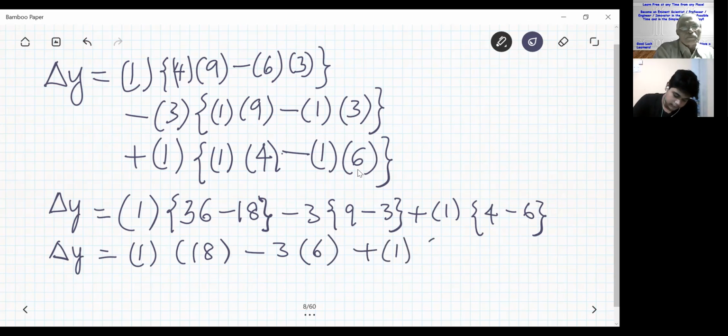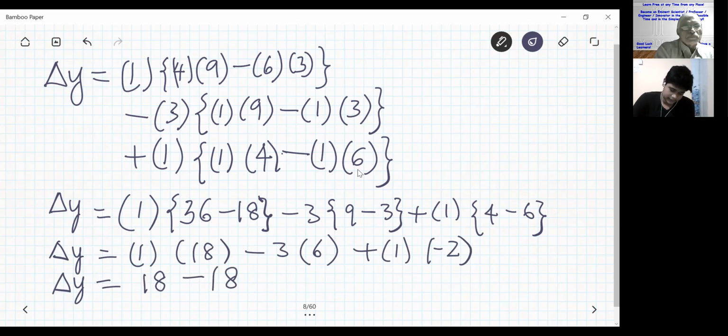Again delta Y is equal to 1 into 18 minus 3 into 6 plus 1 into minus 2. Delta Y is equal to 18 minus 18 minus 2.